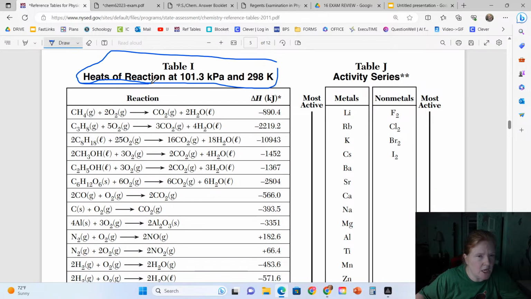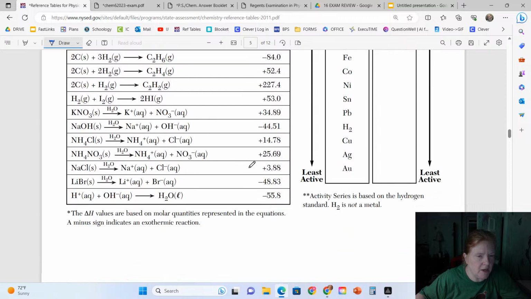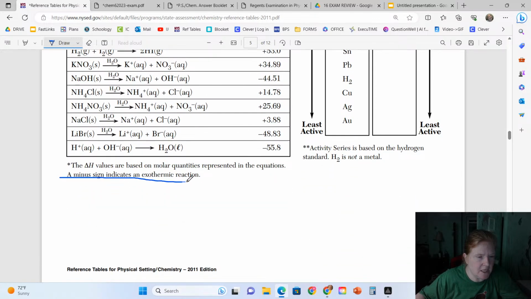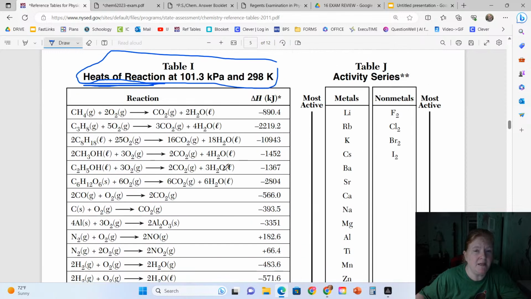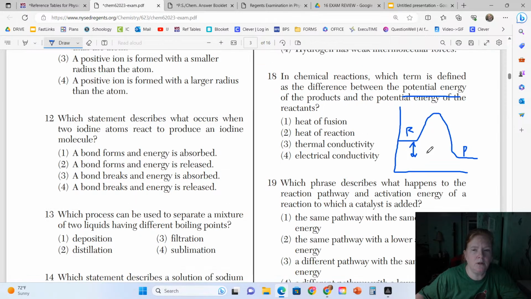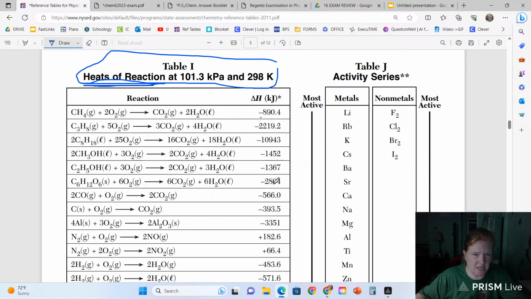The literal title is heats of reaction. At the bottom, it says a minus sign indicates exothermic. So any one that has a minus sign is exothermic, and it would look like mine did: starts high, ends low. If it has a positive sign, like this one right here, it would be endothermic, and it would start lower and end higher.